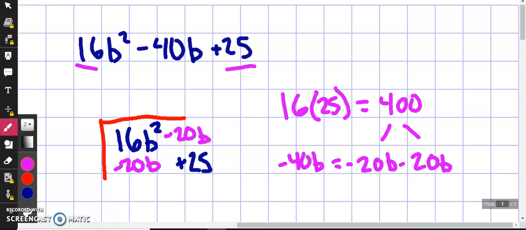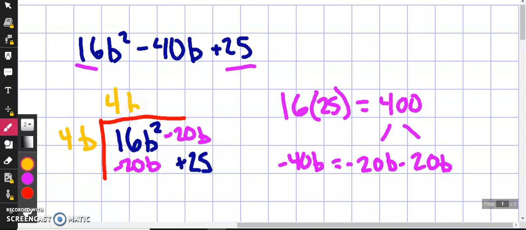So once again, we're going to factor. I have b on both terms, so I know that comes out. 16 and 20 will both divide by 4, so there's my greatest common factor. If I see 4b on the outside and 16b squared on the inside, 16 divided by 4 is 4.